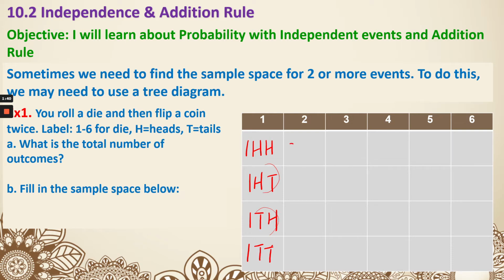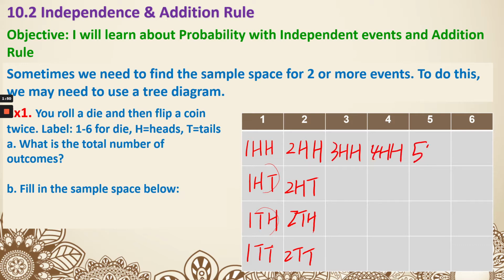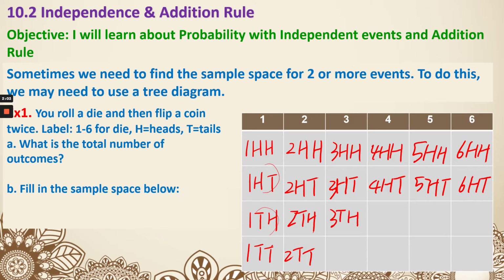Now let's write it for 2. Same idea: 2HH, 2HT, 2TH, 2TT. We'll write it for all of them. 3HH, 4HH, 5HH, 6HH, 3HT, 4HT, 5HT, 6HT, 3TH, 4TH, 5TH, 6TH, 3TT, 4TT, 5TT, and 6TT.